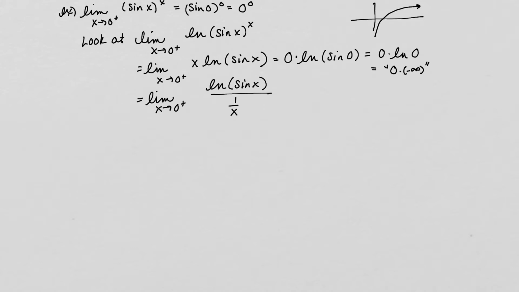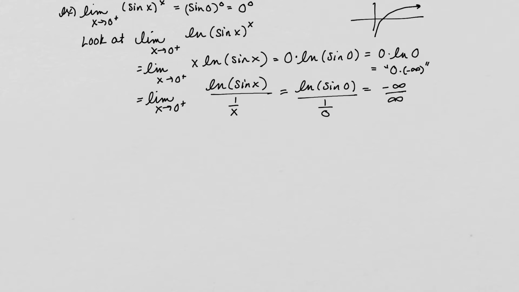Okay, so now if I try to plug in, we still have the natural log of the sine of 0, which we know turns out to be minus infinity. On the bottom, I have 1 over 0. Well, we talked about how 1 over 0 goes to infinity as well. So I have minus infinity over positive infinity.